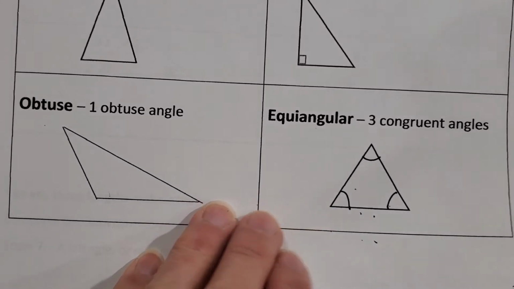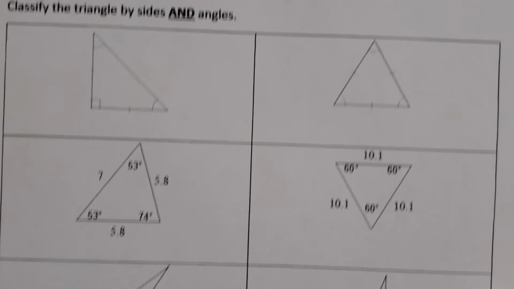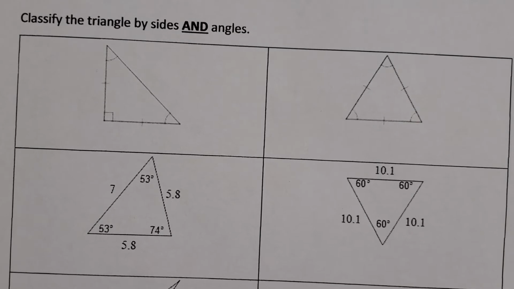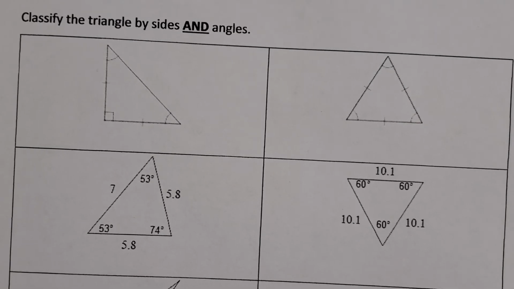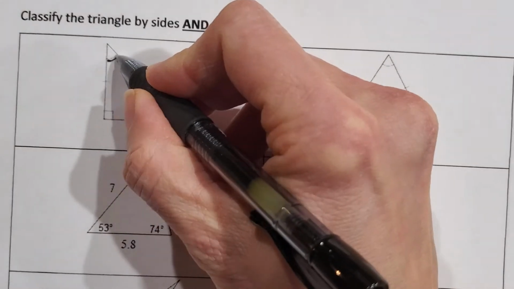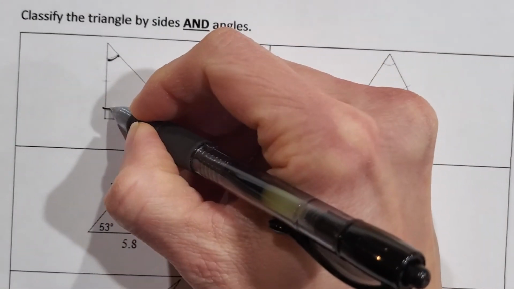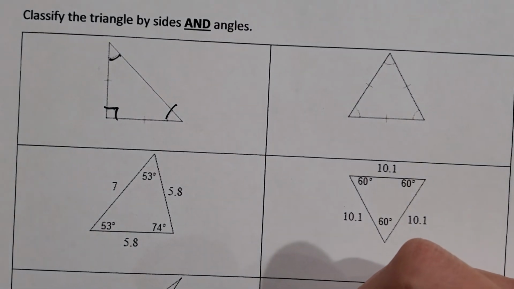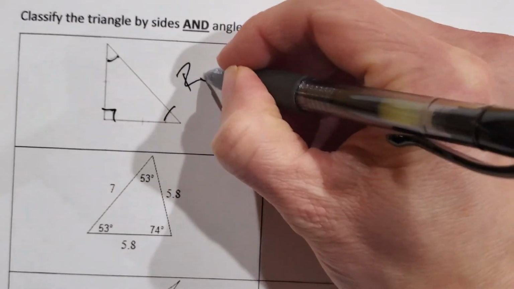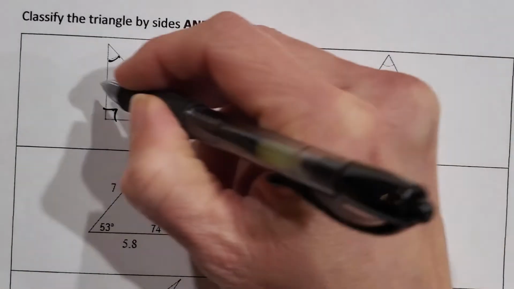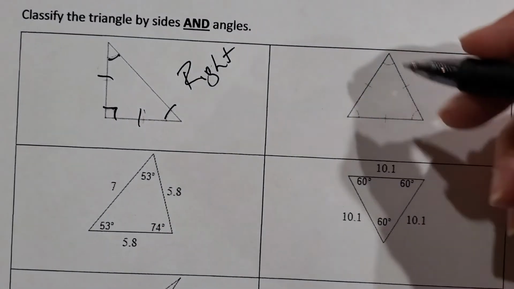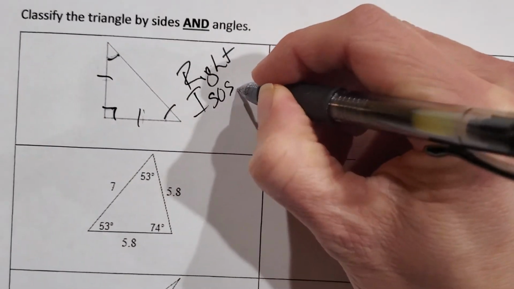The next part in your notes is just going to be to try to determine what kind of triangles you see. This triangle has two angles that are congruent and one that's got a little box, which means it's 90 degrees. So right away, I know it's a right triangle because of that little box. It also has two sides that are congruent, so I know that it's an isosceles triangle.